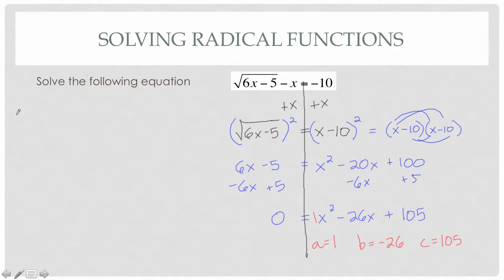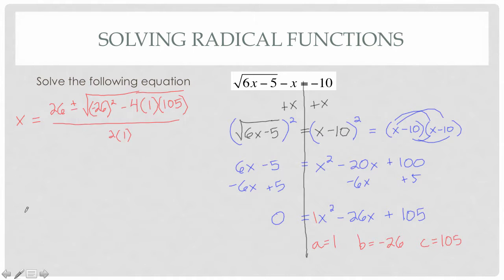So now we're going to solve this with the quadratic formula. x is going to be equal to negative b, so it's positive 26 now, plus or minus the square root of b squared, so negative 26 squared, minus 4 times a times c, a lot of stuff under there, all divided by 2 times a.